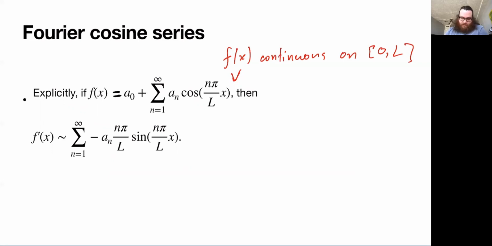Then, what is the sine series of the function's derivative? It's what we get if we just differentiate these pieces term by term. So the sine coefficients for the derivative are going to be minus n pi over L times the cosine coefficients.